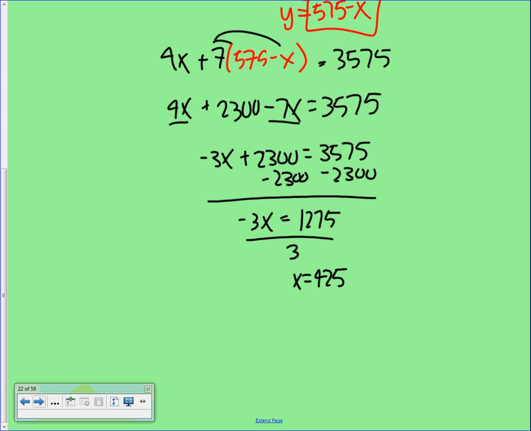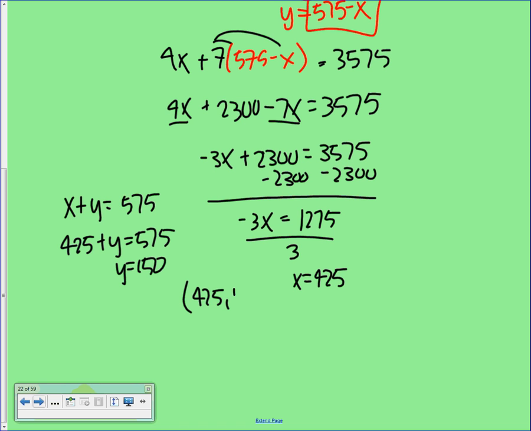And then if I plug that into my first equation, which said x plus y equals 575, and I plug in 425 for x, that's going to tell me that y equals 150. So I would have the ordered pair (425, 150).